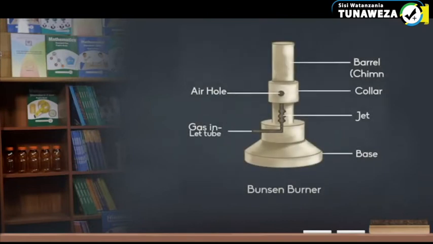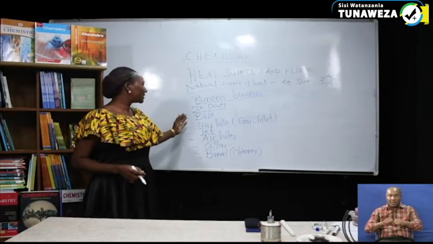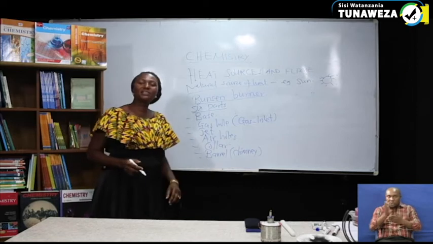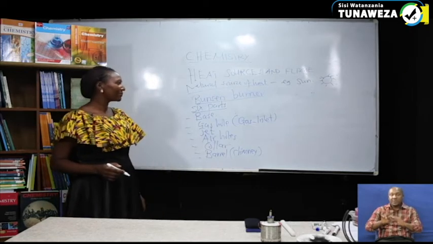Okay. How does the Bunsen burner work? What I mean is the function of the Bunsen burner. Normally, we are going to see the function of the Bunsen burner by studying the function of each part. Let us start with the function of each part of the Bunsen burner.